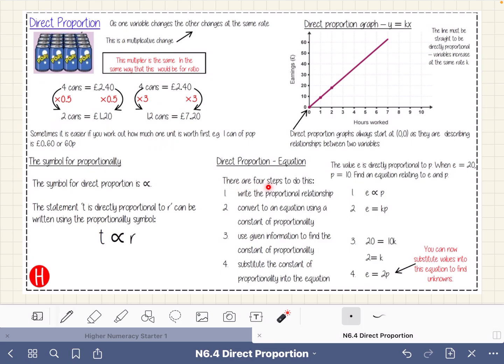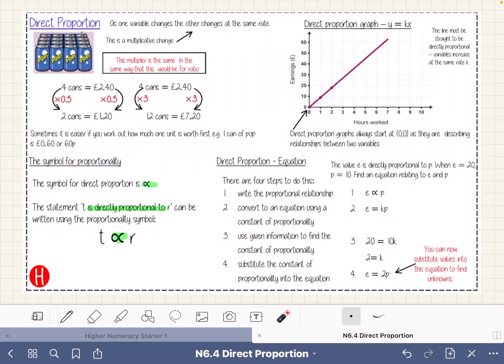We have 4 steps that we are going to take to use this, and we use this symbol of proportionality to do it. This symbol on its own means is directly proportional to. So this does the job of this entire section here, is directly proportional to. This sign says that entire sentence.